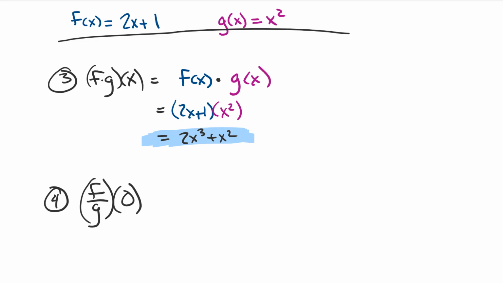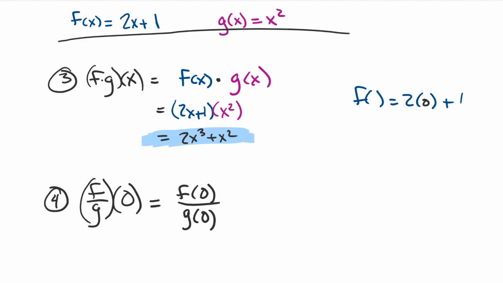All right, cool. Now let's do f over g of 0. This is going to be f of 0 over g of 0. I got to go back over. f of something is equal to 2 times something plus 1. We're plugging in zeros. So f of 0 is equal to 0 plus 1.